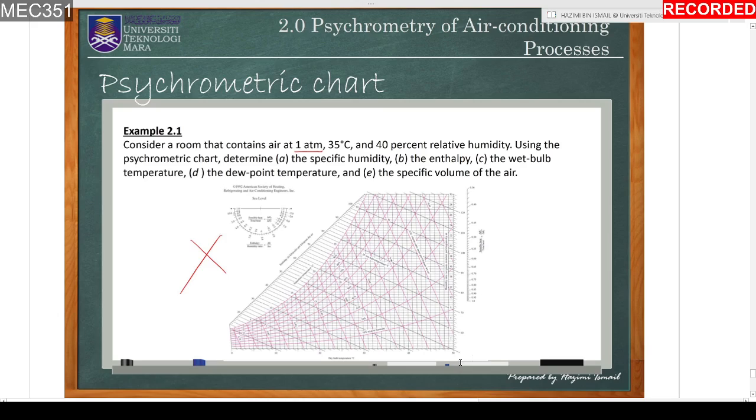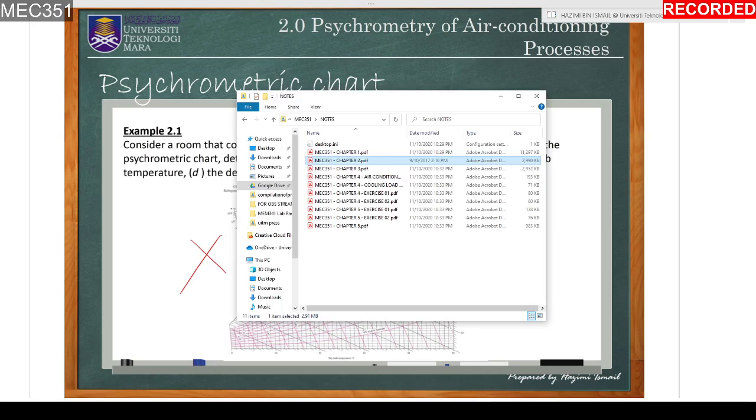It also included in the thermodynamic textbooks yang McGraw-Hill tu, yang penulis dia Cengel yang tu. Dekat belakang properties table ada psychrometric chart ni. Kalau tak ada juga, saya akan letak dalam Google Classroom, tapi saya rasa sudah ada.